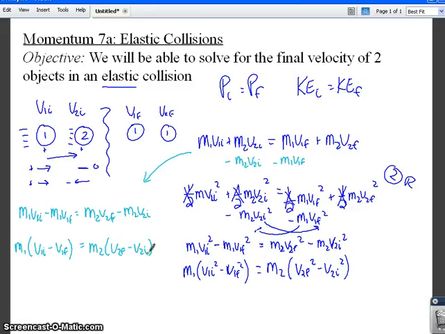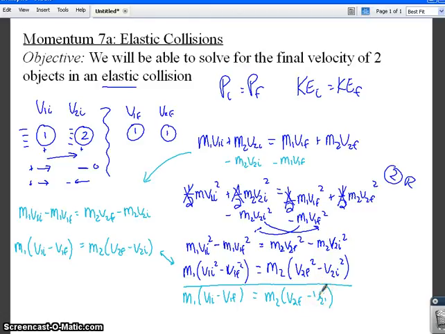Okay, so now I have two equations still, and I'm going to start dealing with these together now. I am going to take this equation and divide by it. So let's rewrite this down here: m1 times v1 initial minus v1 final equals m2 times v2 final minus v2 initial.